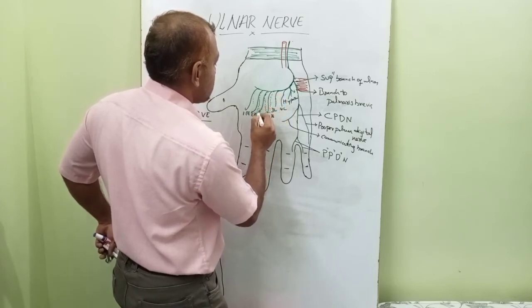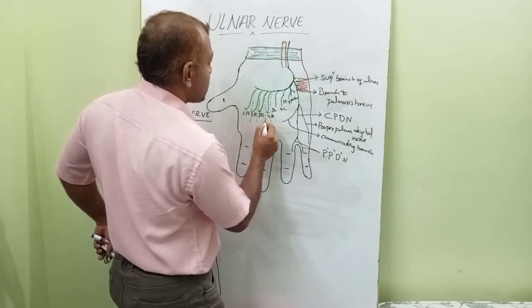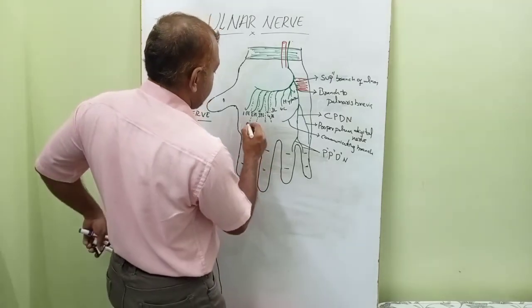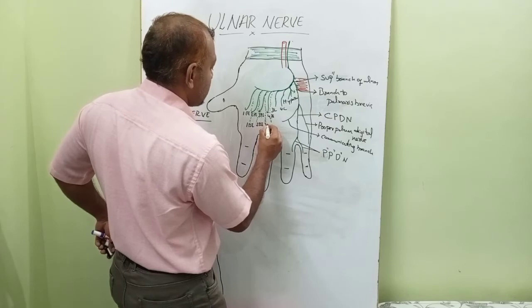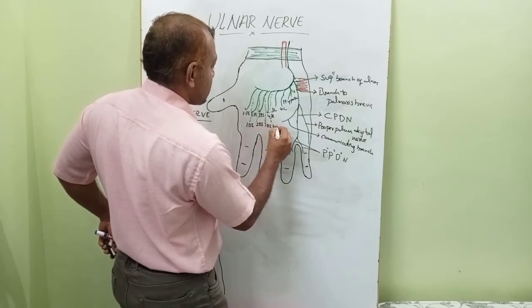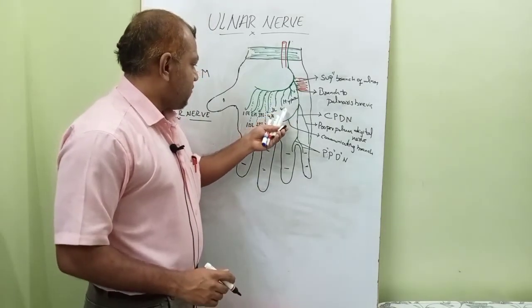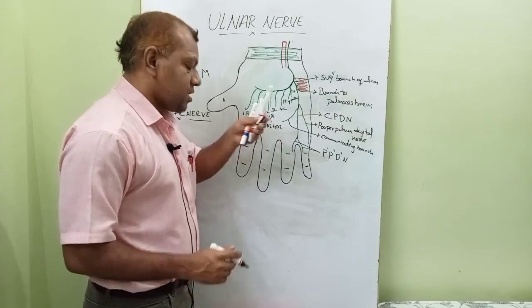I'm showing you the dotted lines as it runs posteriorly. Four dotted lines I have shown here, showing the dorsal interossei: first, second, third, and fourth dorsal interossei. So 3, 5, plus 4, 9, 10, 11, 12, 13 muscles.